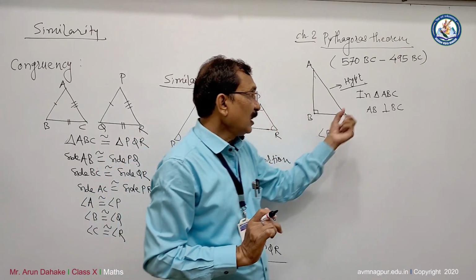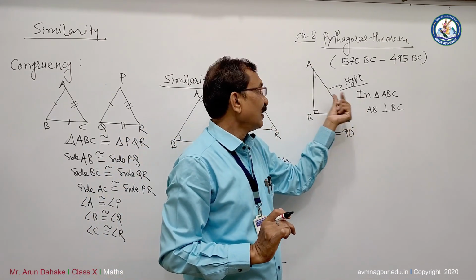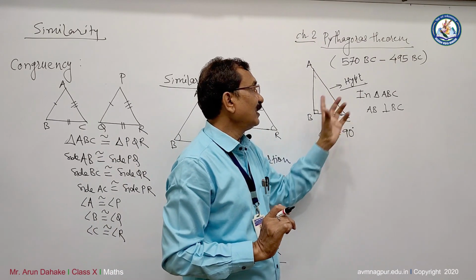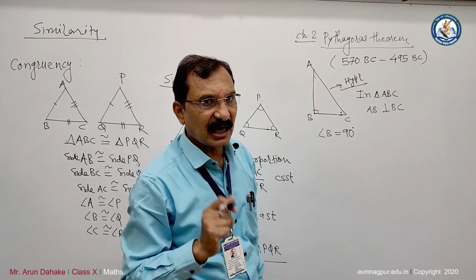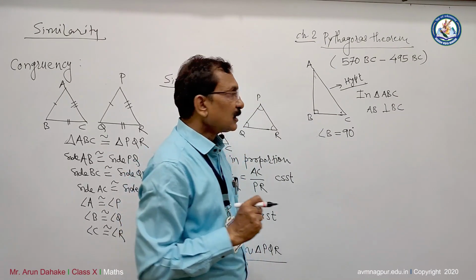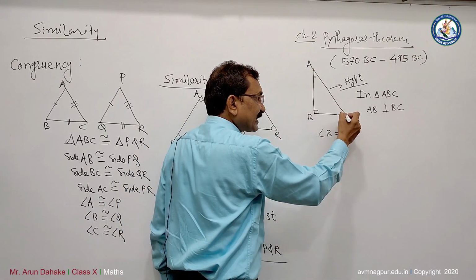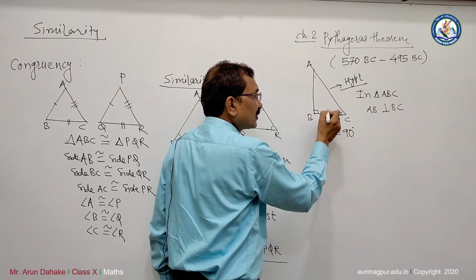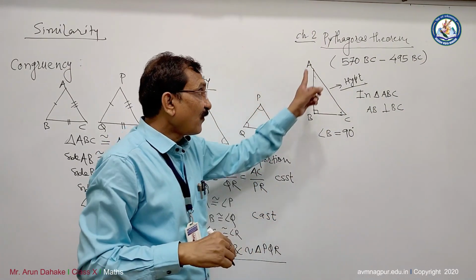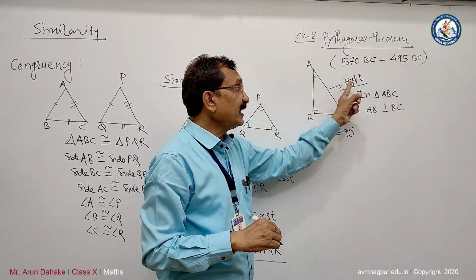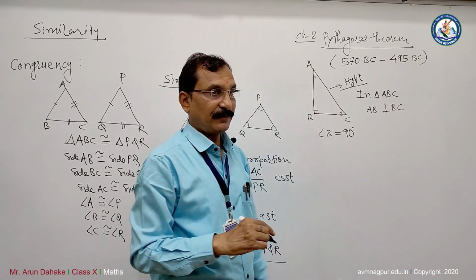Now, in that right angle triangle, which one is the greatest or longest side? Obviously, the hypotenuse is the longest side and the remaining two are smaller than this AC. In a triangle, the longest side is called the hypotenuse.